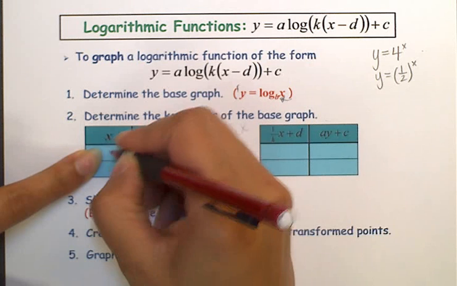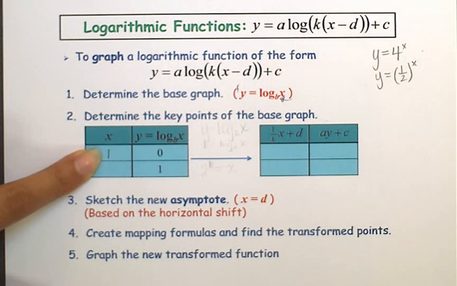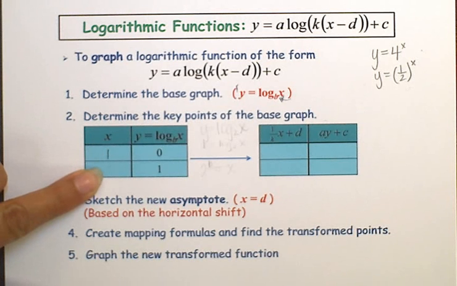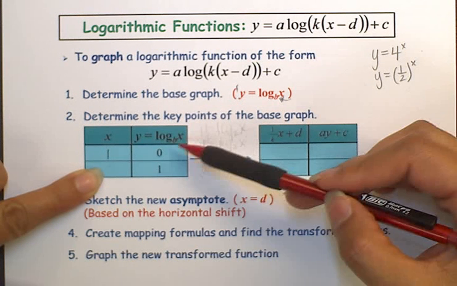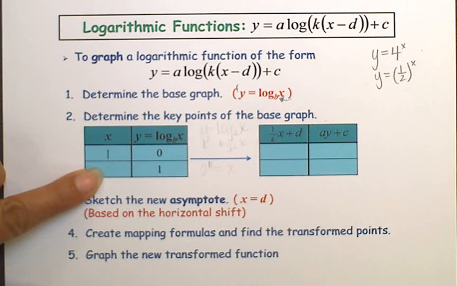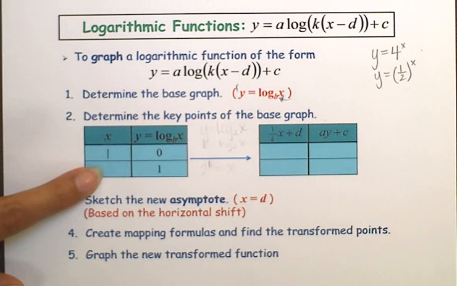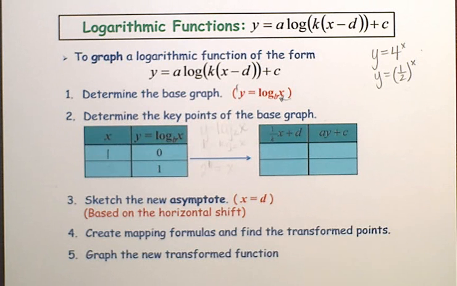That's the reason why this one will actually always be 1 and 0. But this one will change, and it'll end up being the base, the actual value of the base function. So let's say you had a base of 5, this x-coordinate would be 5. If you had a base value of 10, this x-coordinate would have been 10. And then the way you apply your transformations is exactly the same as what you've always done. So that's not much different.